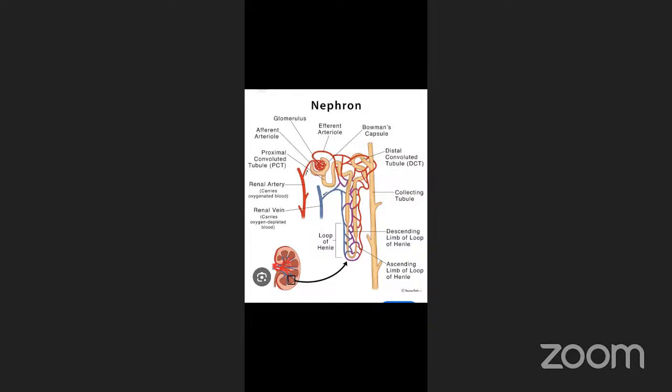The cells lining the tubule have microvilli, and the microvilli there are to increase surface area. So you can see surface area is increased by the length of the tubule and the existence of the microvilli.